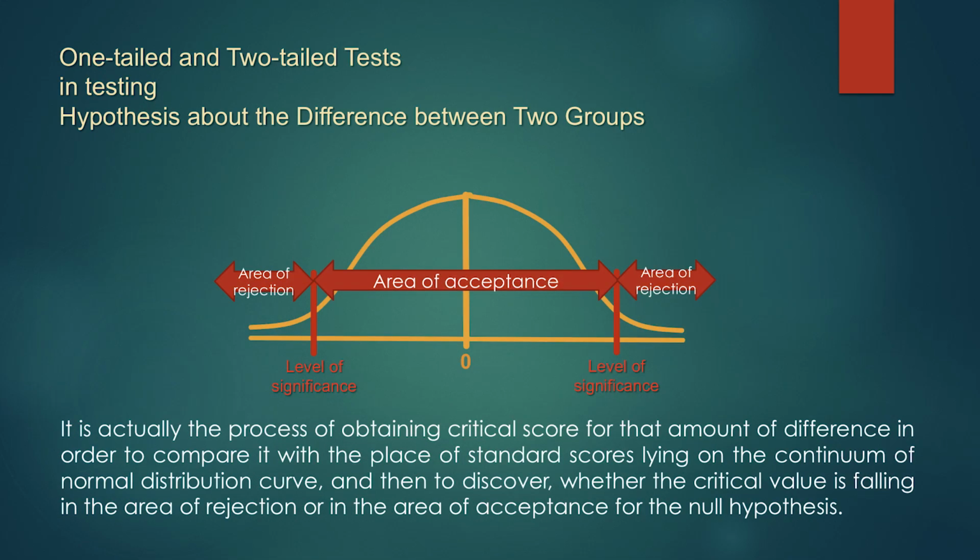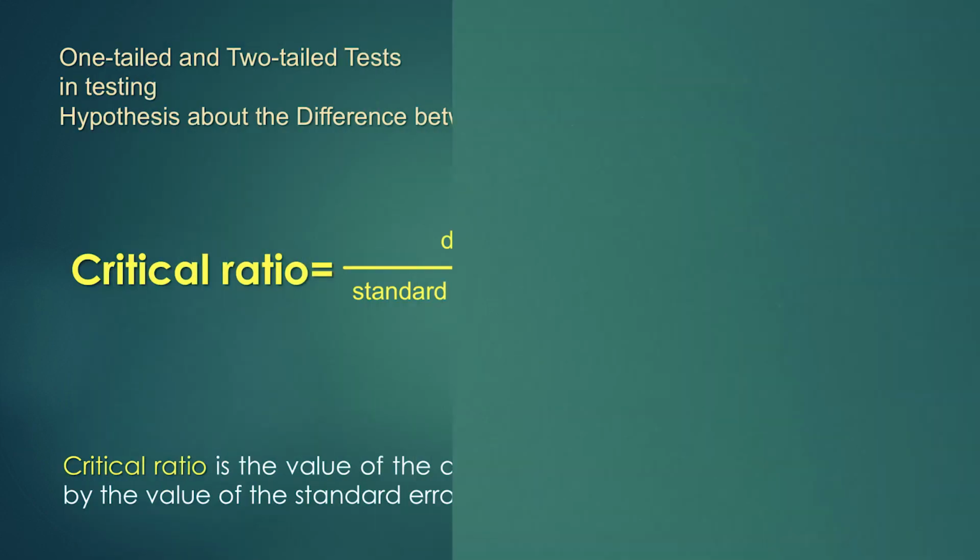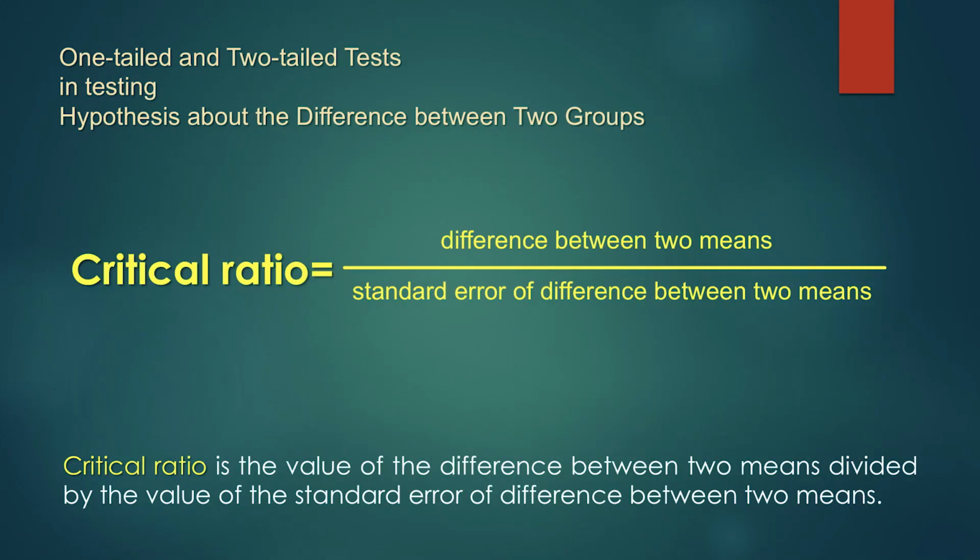It is actually the process of obtaining critical scores for that amount of difference in order to compare it with the place of standard scores lying on the continuum of the normal distribution curve, and then to discover whether the critical value is falling in the area of rejection, as you may also see on the screen, that is the value of the difference between two means divided by the value of the standard error of difference between two means.